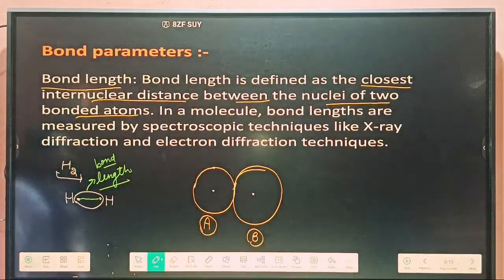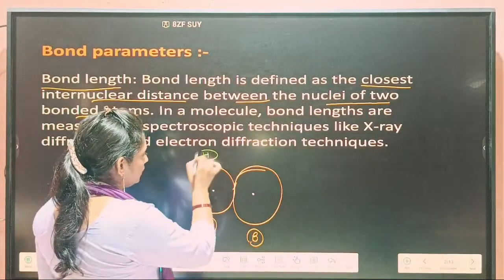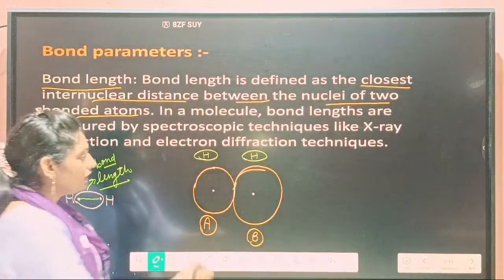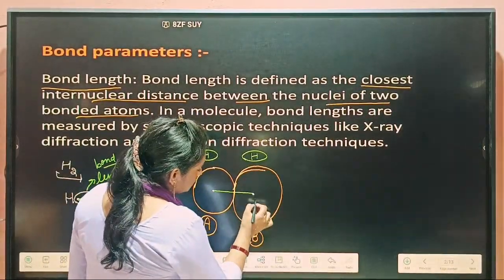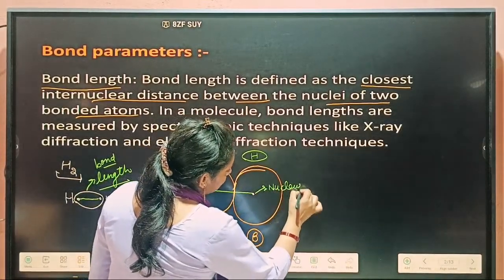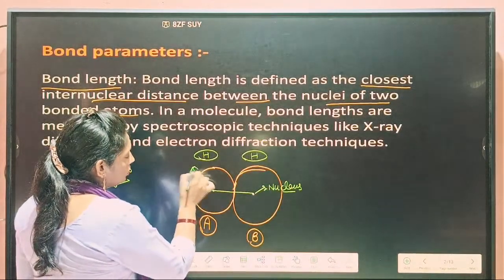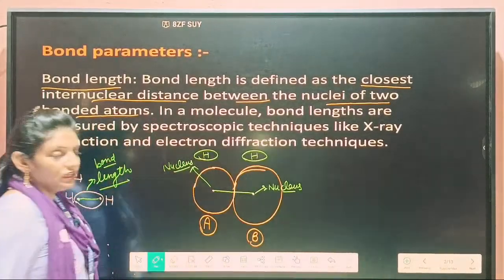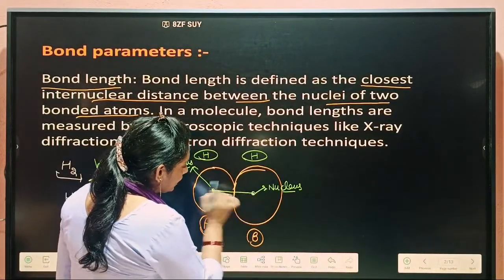So how can we calculate the bond length, students? Here, let us consider this is one hydrogen and this is the other. Here we will discuss the internuclear distance. This point is the nucleus, and this is the nucleus of the other one. Then what is the internuclear distance?